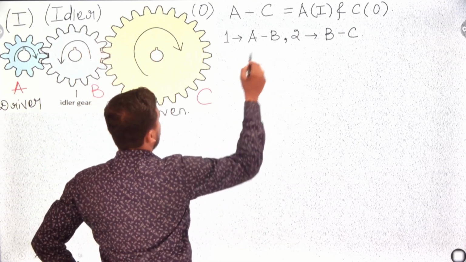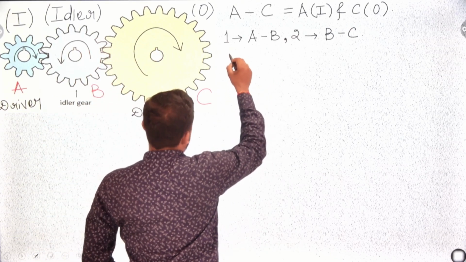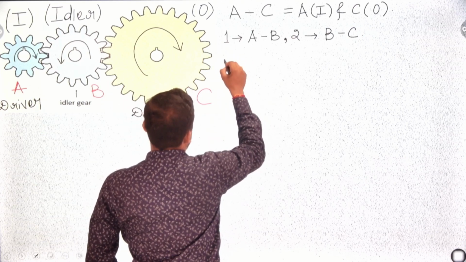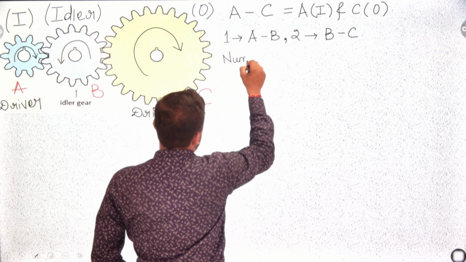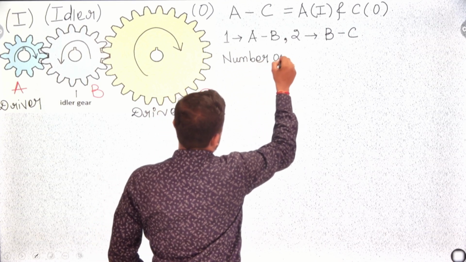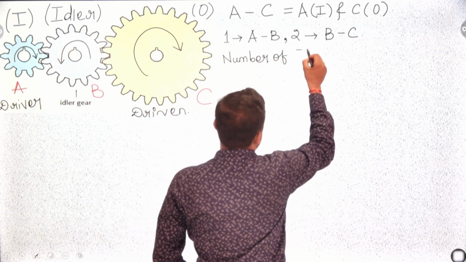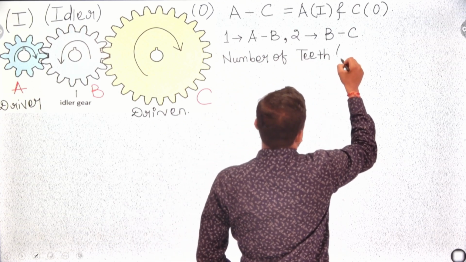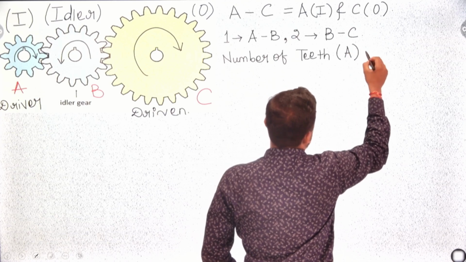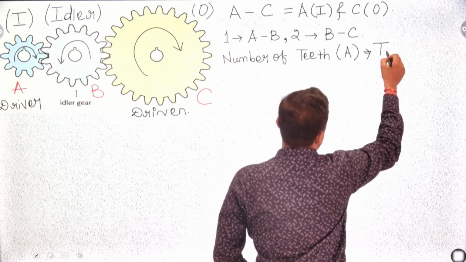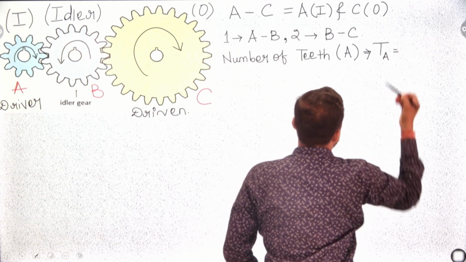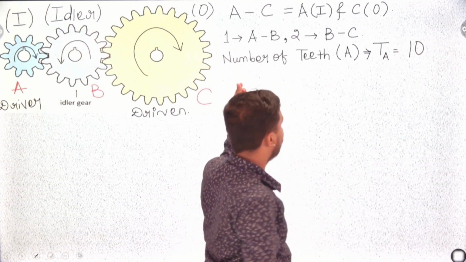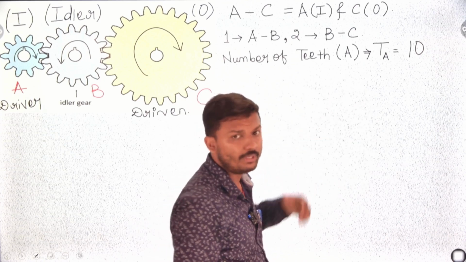Suppose we take the number of teeth of gear A, written TA, as 10.